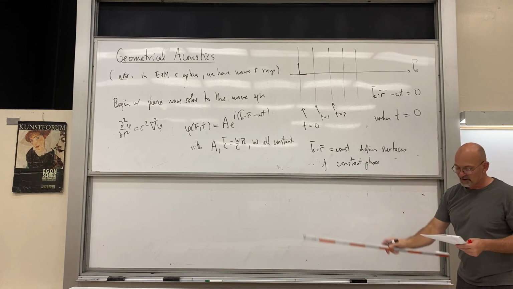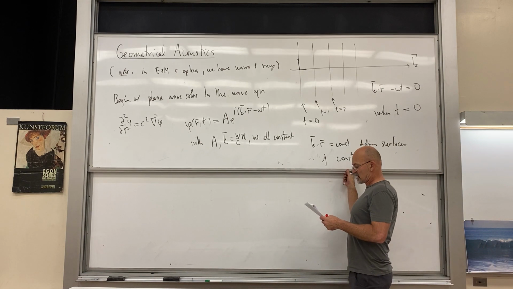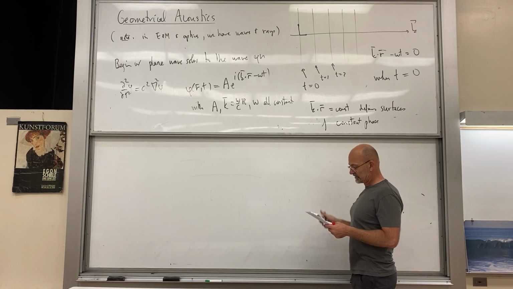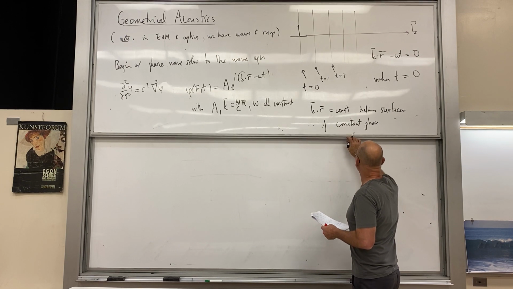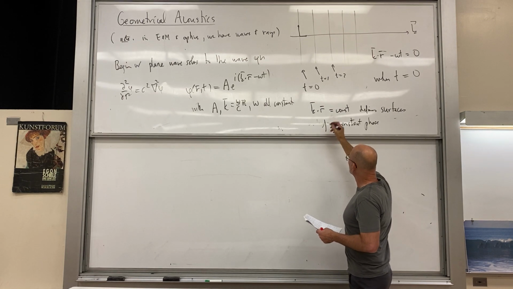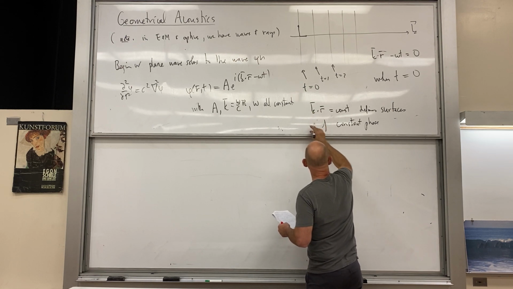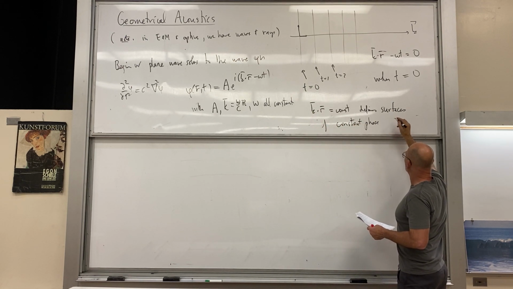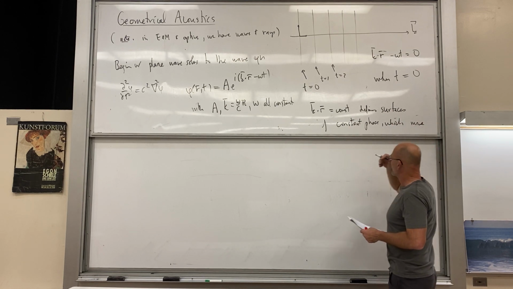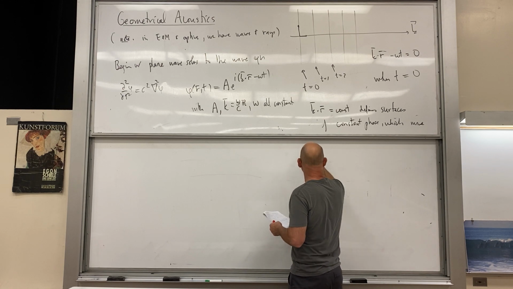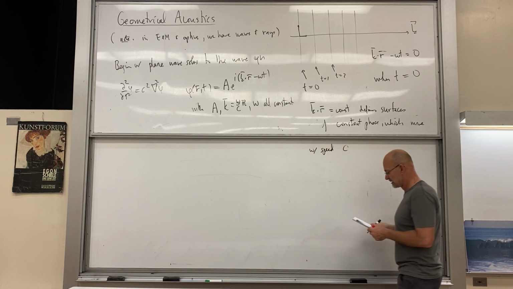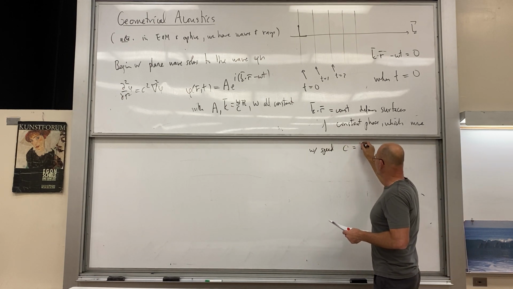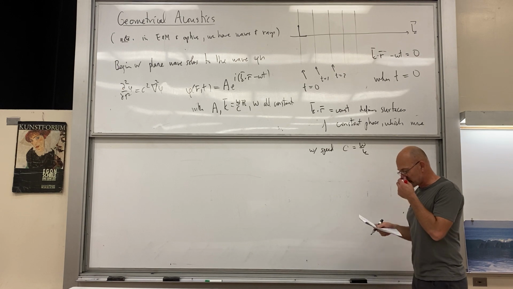So that's actually an important comment as well. We'll even make this into a sentence. These define surfaces of constant phase which propagate with speed c equals omega over k. So all those things were constant.